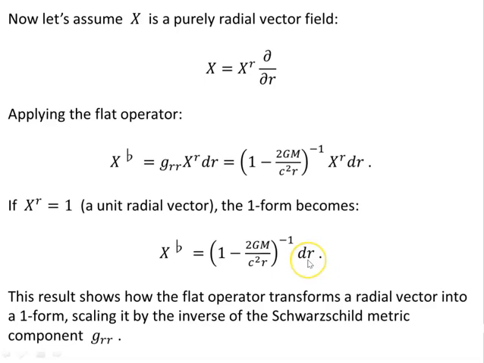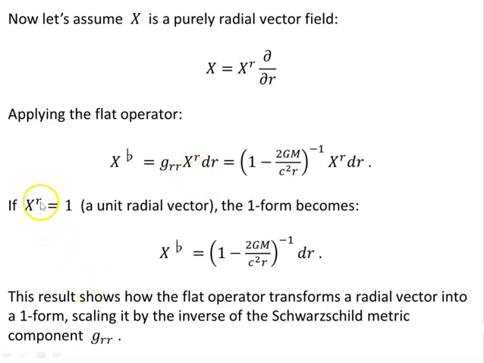Okay, so this result shows, now we didn't get that in Euclidean space, because remember these grr and all the rest in Euclidean space would just be 1s. But in a curved space, they're generally not. And so we have these components here, and they affect our vector.